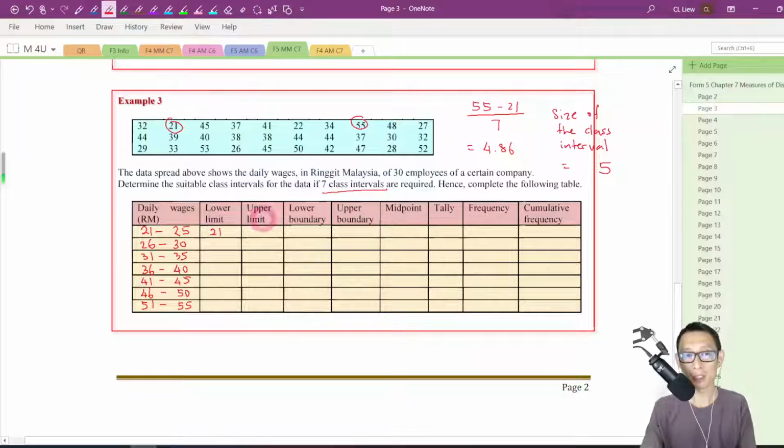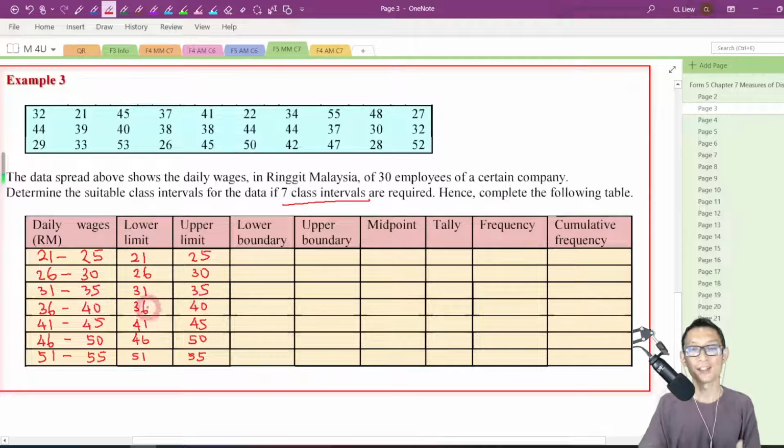The upper limit is the maximum value of the data which we can categorize into this group, so it will be 25. For the upper limit and lower limit, we don't have to calculate, we just get them directly from the class interval here. Okay, these are all the lower limits and upper limits for each class interval.